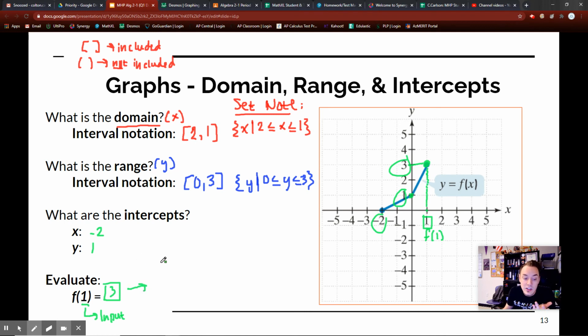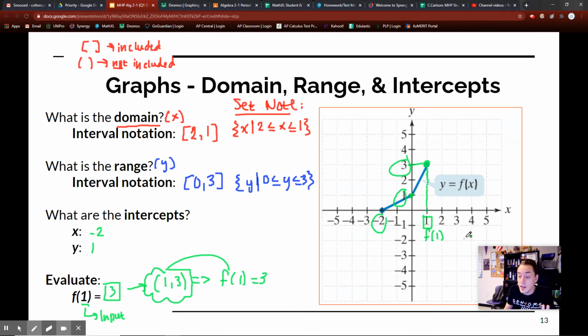What this actually means, guys, is that this is a point, (1, 3). When I say 1 comma 3, it is literally the same thing as saying f of 1 equals 3. These two things are exactly the same. Most of the time we're used to ordered pairs, but that's what we did.